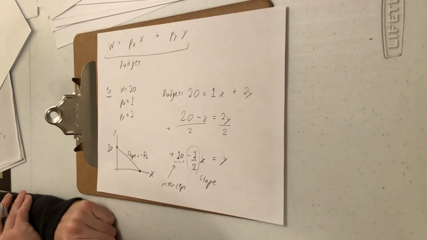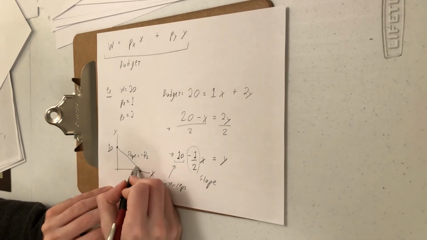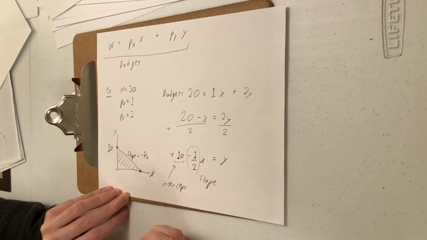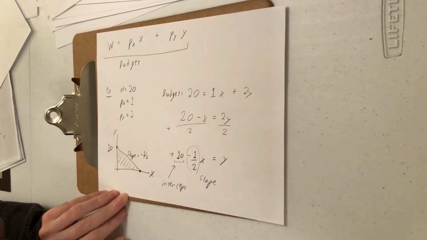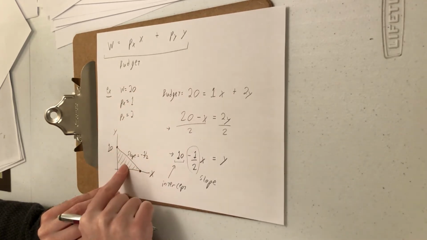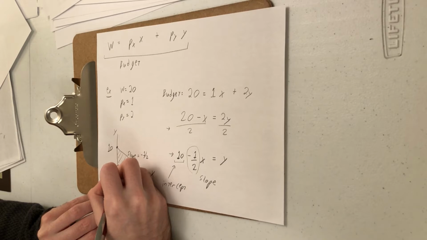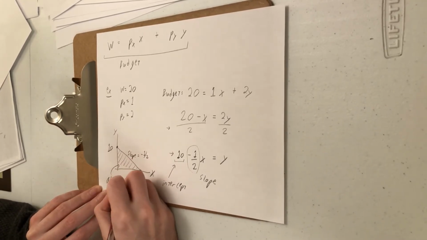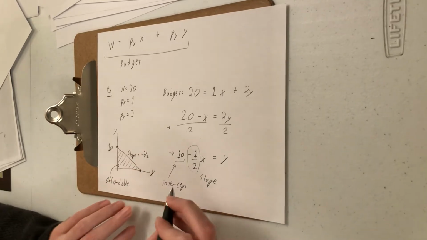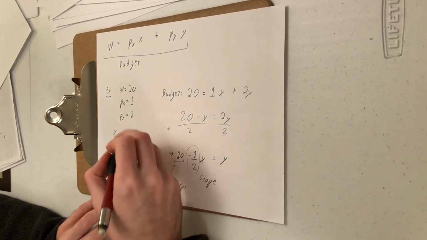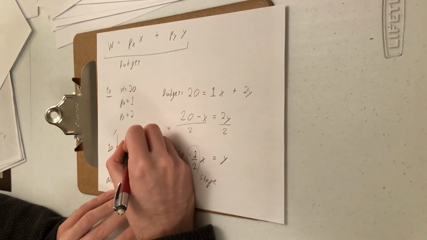So the idea is actually pretty straightforward. Everything on the line or below it, that's all affordable. We have $20 to spend, and we can afford everything on the line or inside it. The stuff that's out here, that's above the line, that is not affordable.